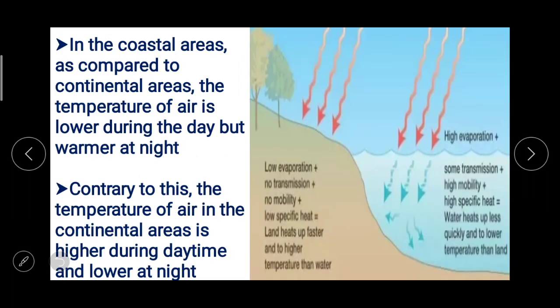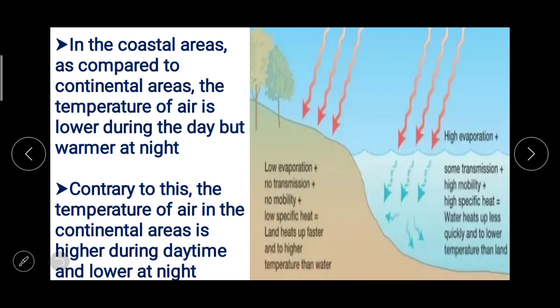In the coastal areas, because of the heating of seawater, water vapor gets mixed in the air and this water vapor holds the heat in the air. As a result, the air in the coastal areas remains moist and warm.